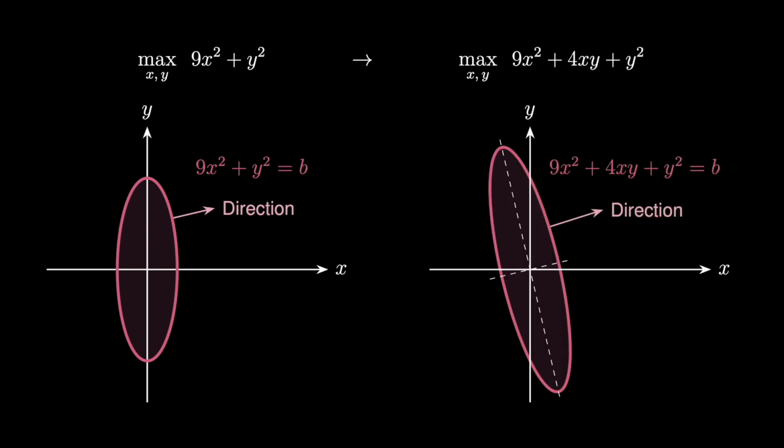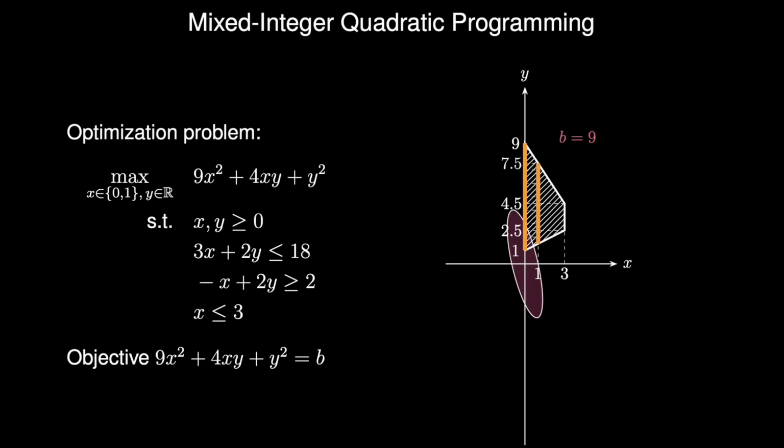On the left, 9x squared plus y squared produces axis-aligned ellipses. On the right, introducing 4xy rotates the ellipses, meaning the optimizer is now rewarded for increasing x and y together, not just independently. Here's a new mixed integer quadratic programming problem with a cost term added to the objective function.